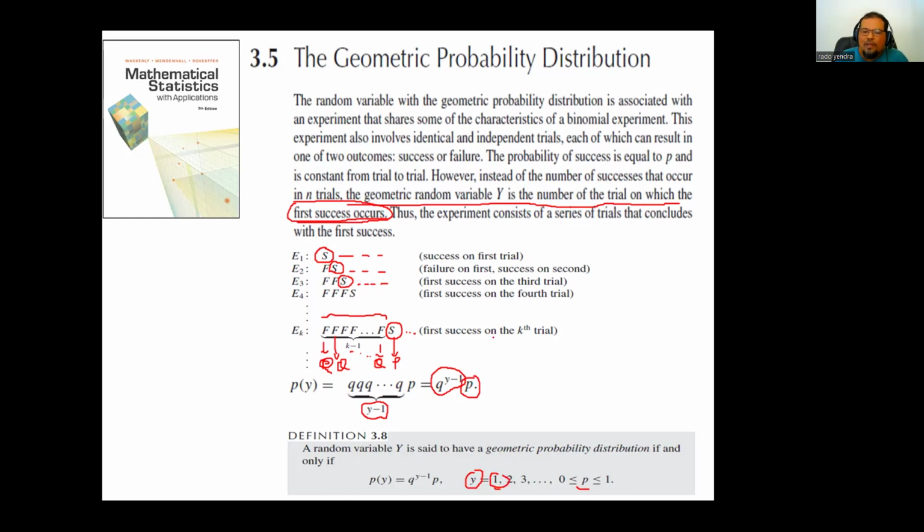After we understand the formula for the geometric probability distribution, especially for the discrete random variable, we can prove that the summation of p(y) equals 1. This guarantees that our formula is correct.